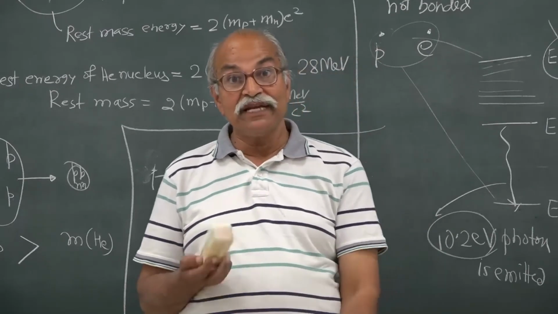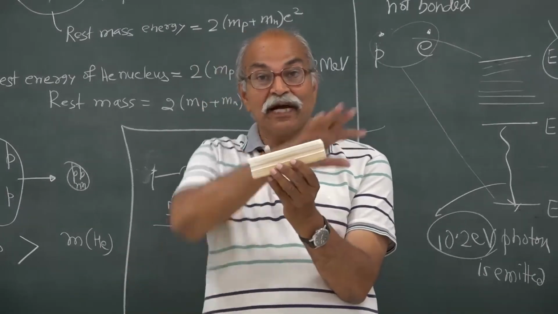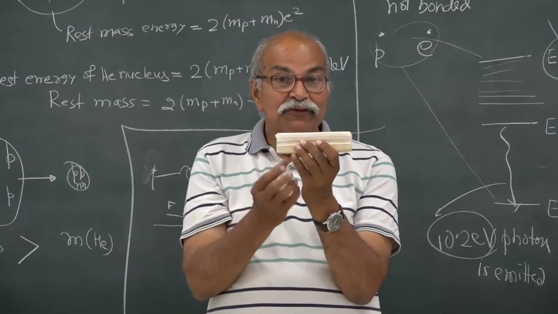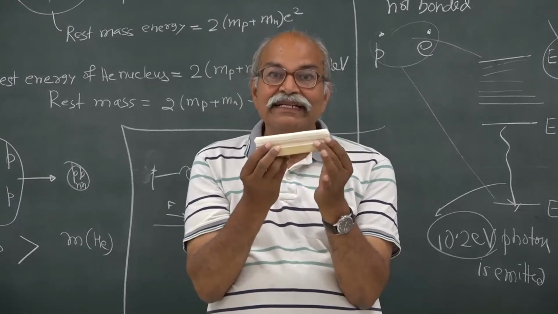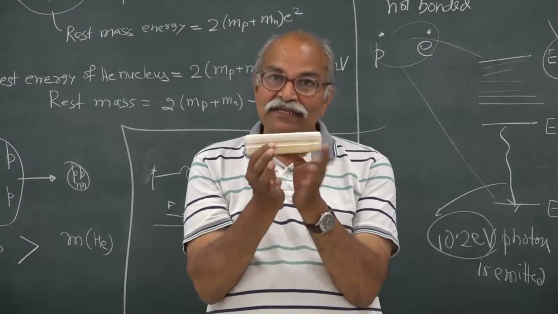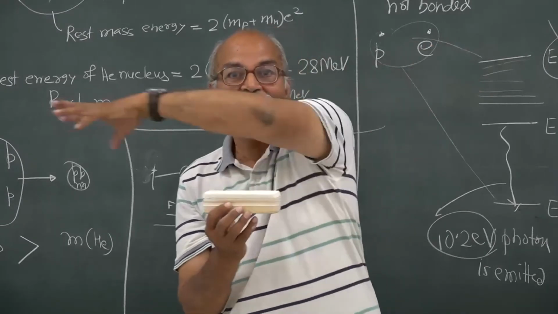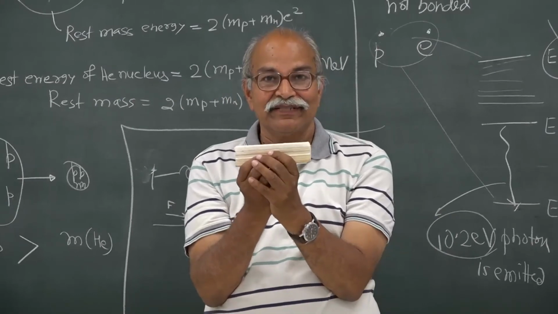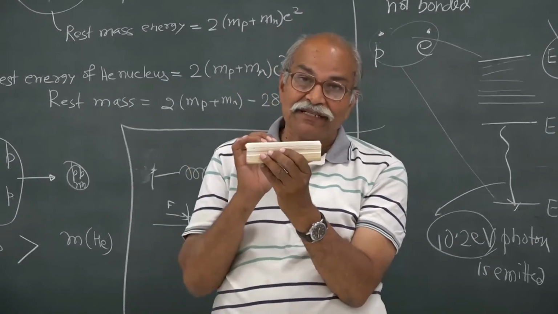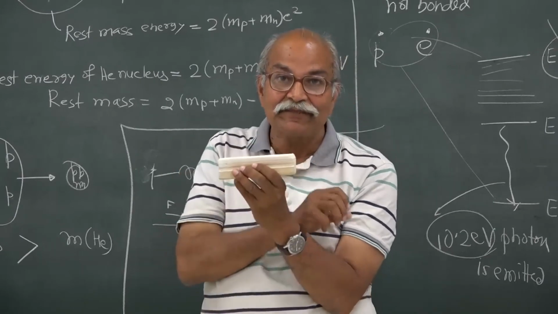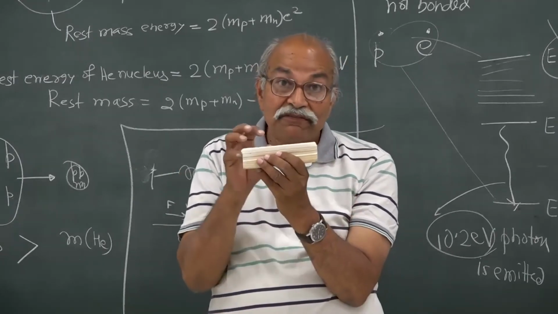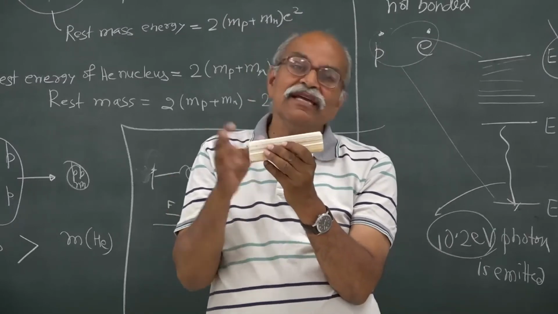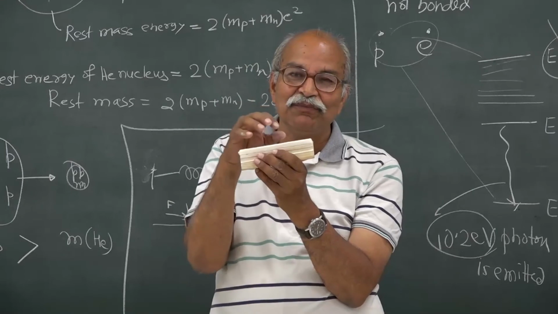Similarly, if you have an object at some temperature, with molecules inside, and you heat it and increase its temperature, the object still does not have overall kinetic energy, it is at rest. But we have given heat energy to it. Because of that, the molecules inside this object have started moving with more speed.